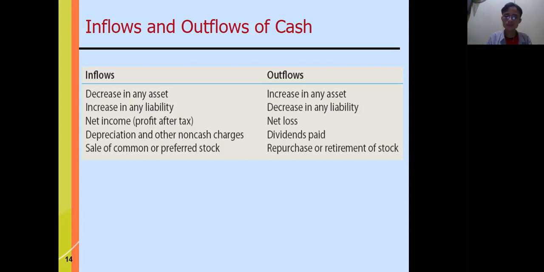For indirect, we start with the net income and we are going to add back whatever items would actually decrease our net income. And then on the other hand, we would also deduct anything that would increase our net income, and vice versa.